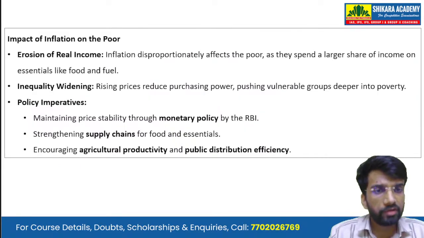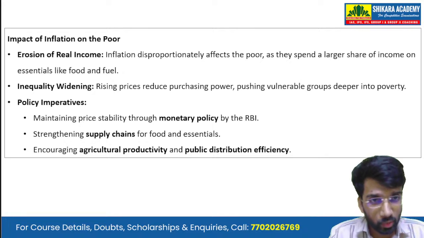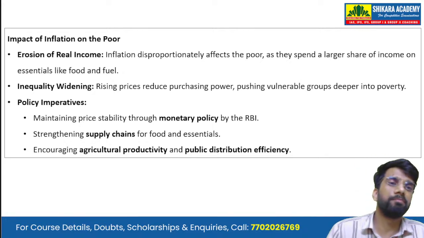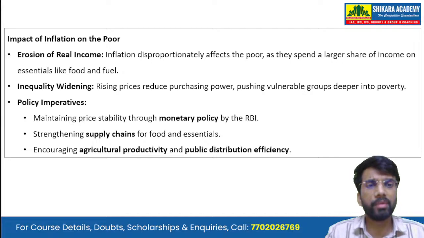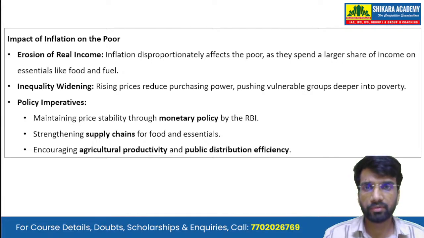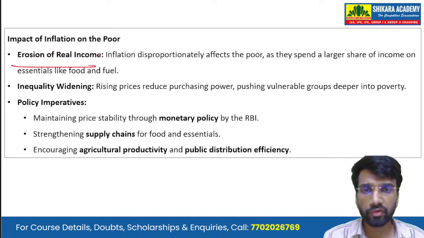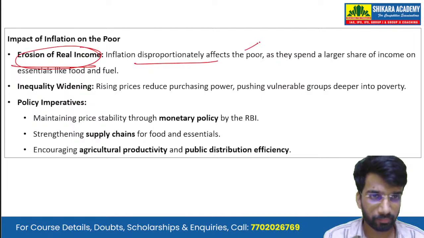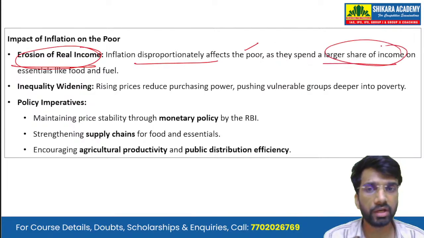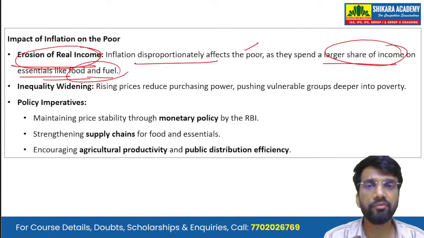Then the impact of inflation on the poor. Okay, why is it required? It is required because the poor sections of the society are very negatively impacted by inflation. So first is the erosion of real income. Inflation disproportionately affects the poor, as they spend a larger share of their income on essentials like food and fuel.